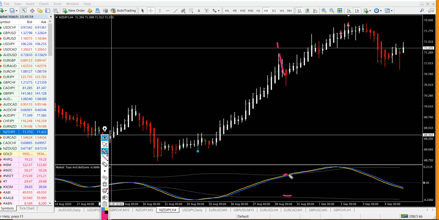So the indicator could have hooked down, started to print an arrow. But as the market shot out of a cannon again, it could have unhooked. And then if you refreshed your screen later, the arrow might have disappeared. That's the case. It all depends on the strength or the lack of strength, whether it's going to unhook. But this is why I say this is not a magic indicator.